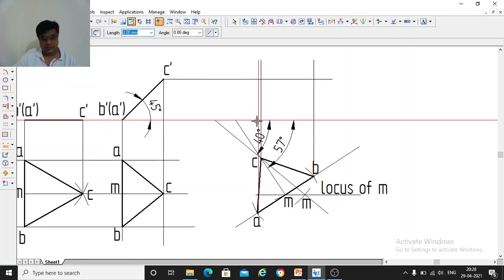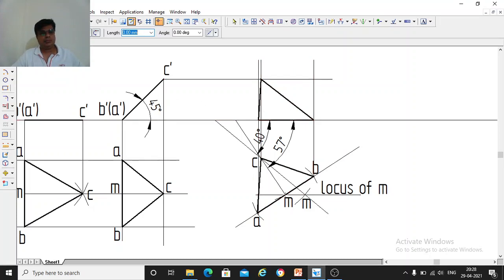So A is here, A dash is here, so this is the point A. Then B dash is here, B is here, this is point B. Then C is here, C dash is here, this is point C. Then connect C to A. So this is the front view of this triangle.